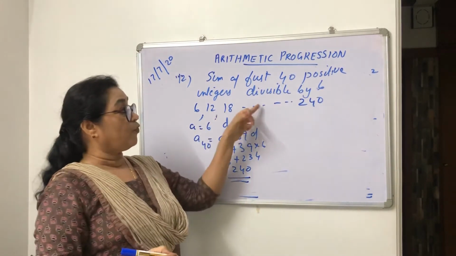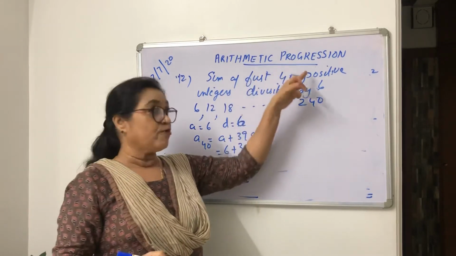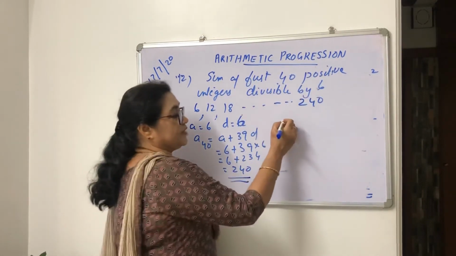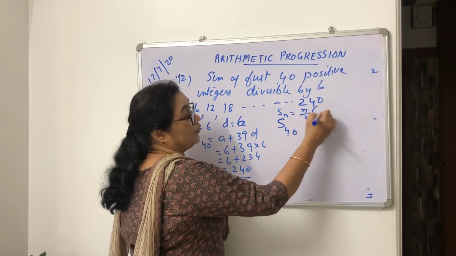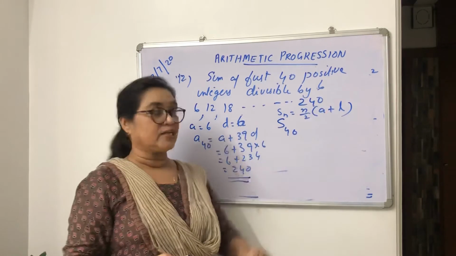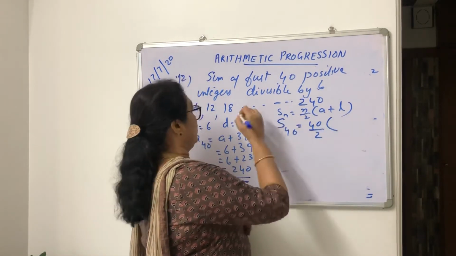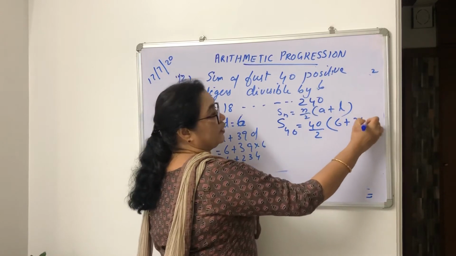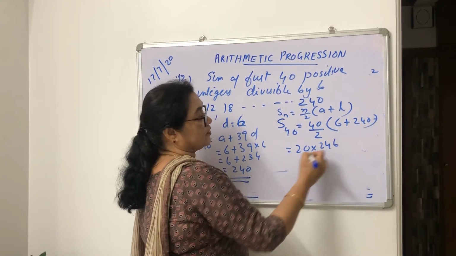There are 40 positive numbers here. So you need to find out the sum of first 40 positive integers. S40, Sn equals n by 2 into A plus L, because the first term and last term are given here. So S40 is 40 by 2 into 6 plus 240, that is 20 into 246.